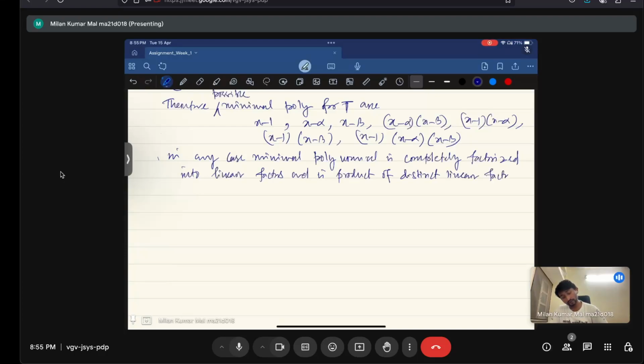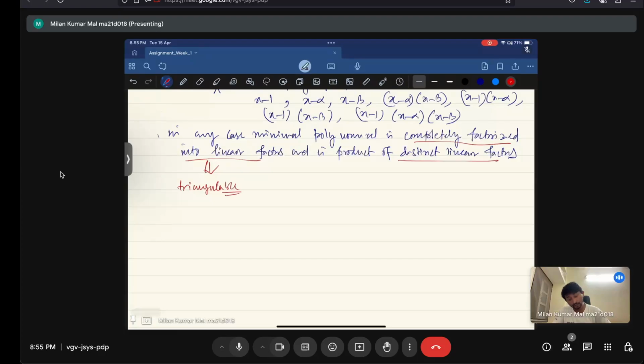So as it is a product of linear factors, this gives triangulable; that means there exists a basis with respect to which the matrix will be triangular. And a product of distinct linear factors will give that it is diagonalizable. So there exists a basis with respect to which the matrix of T has a diagonal representation.